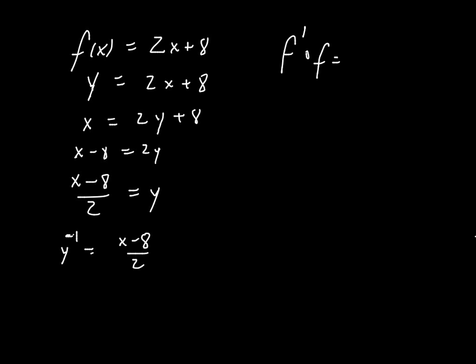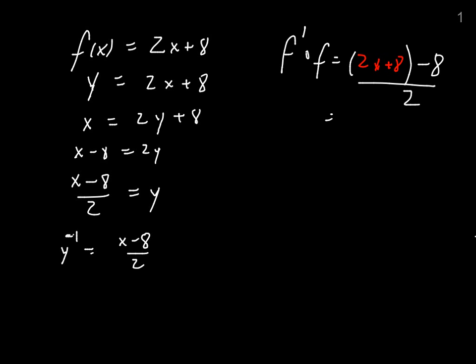So inside the x from my inverse, I will put the function f, which happens to be 2x plus 8. So let's open the parentheses for where I'm going to put in my function, because I have x minus 8, so really what I have is 2x plus 8, close the parentheses, minus 8, all of which is divided by 2.